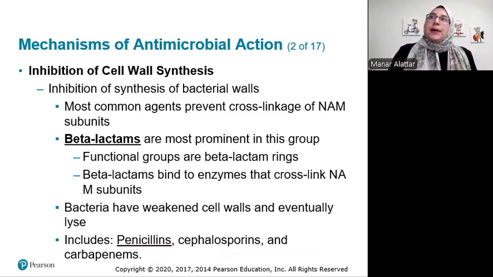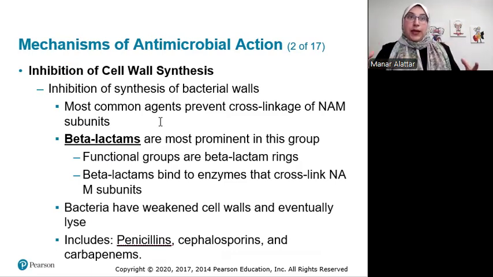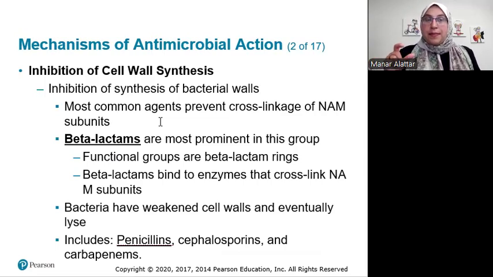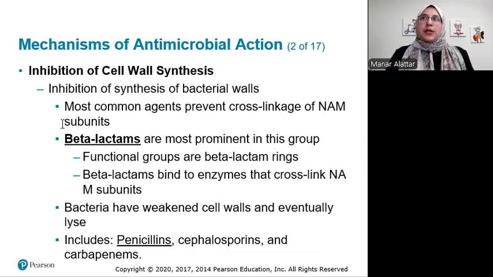So pathogens that are bacterial, they're going to have that peptidoglycan either fully on the outside of the cell, or for our gram negatives, they're going to at least have a thin peptidoglycan layer internal to the outermost membrane. So, there are a number of antibiotics that will specifically target cell wall synthesis. And one of these groups you're probably very familiar with. These are the beta-lactams, which include penicillins and their relatives.